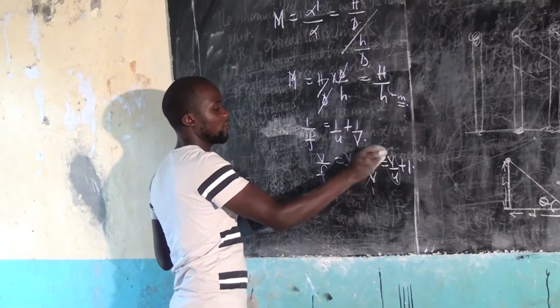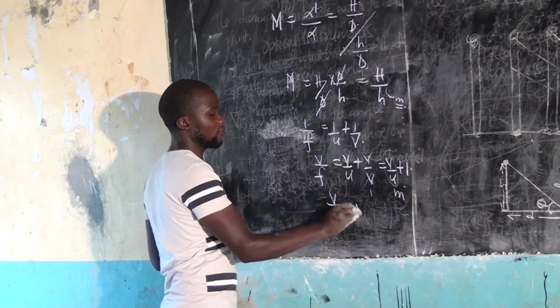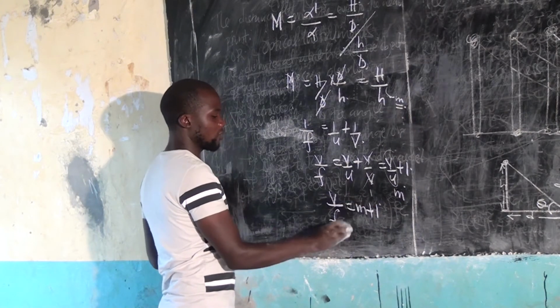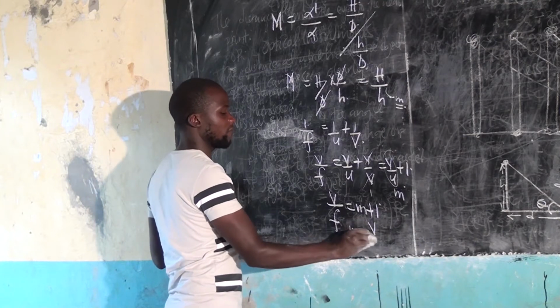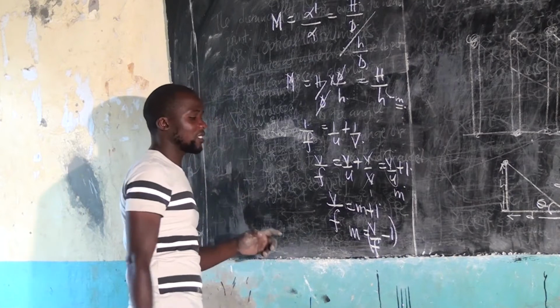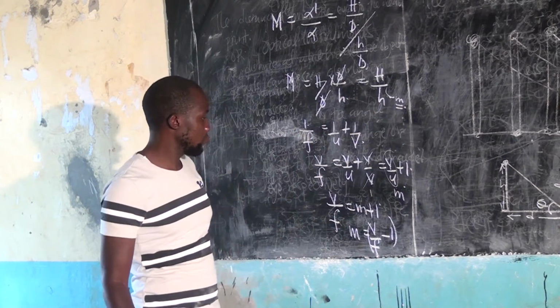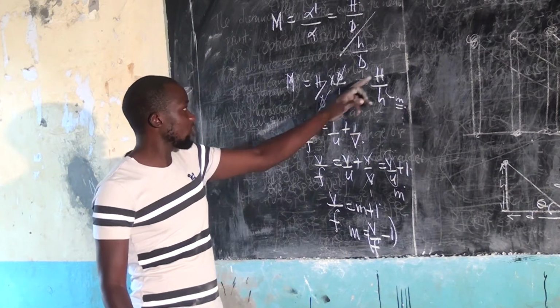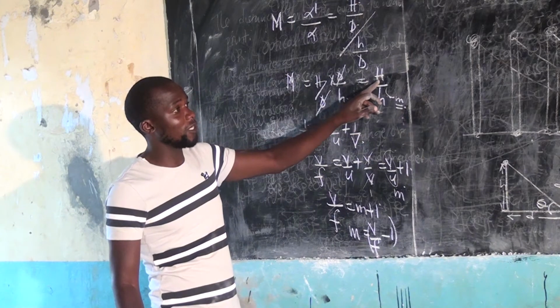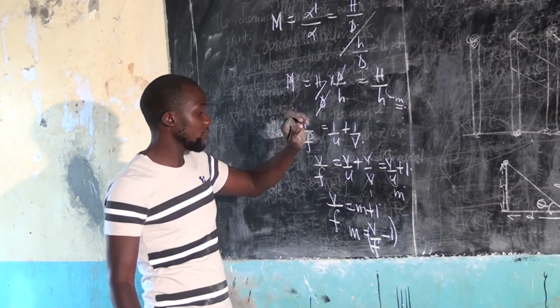But v over u is a particular magnification. You have v over f being equal to magnification plus 1. So the linear magnification now becomes v over f minus 1, like that. It is a linear magnification. Yes, the h, because this is the height of the image, and this is the height of the object. So it's a magnification.